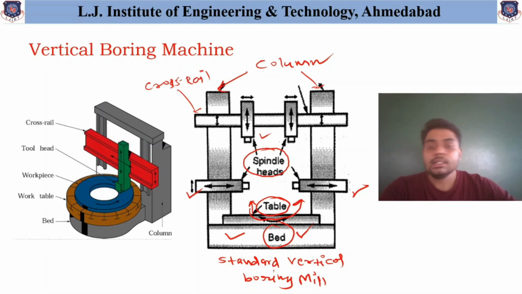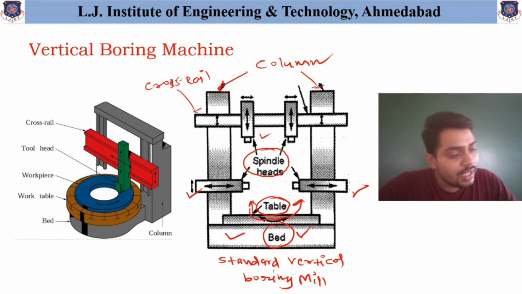So these are the major important parts of the vertical boring machine, and its major application is machining or enlarging existing or already available holes. In many other applications, the vertical boring machine is also used.